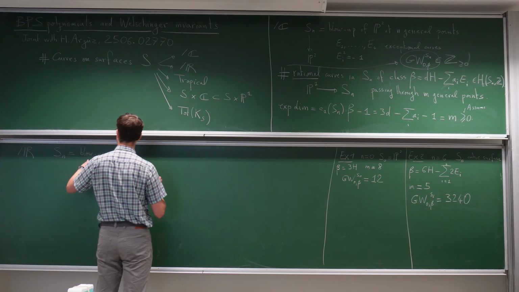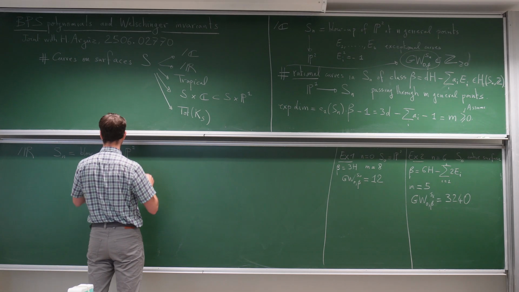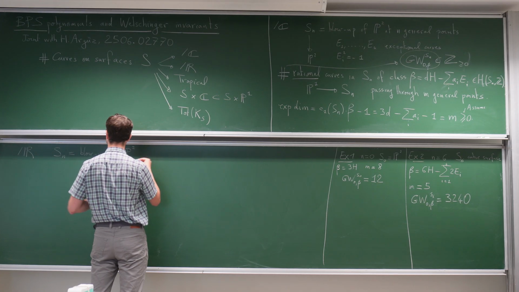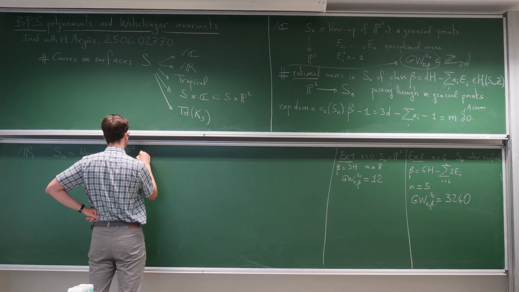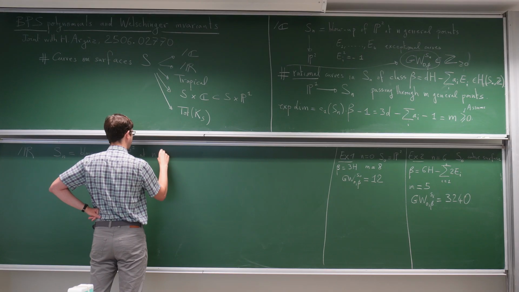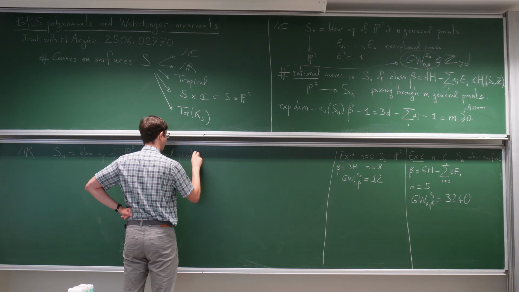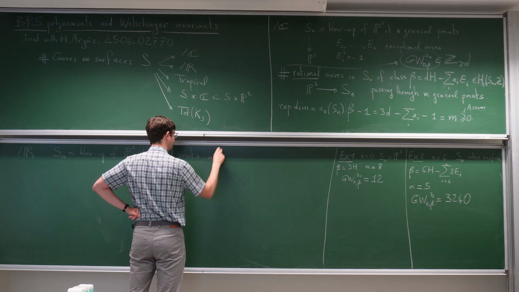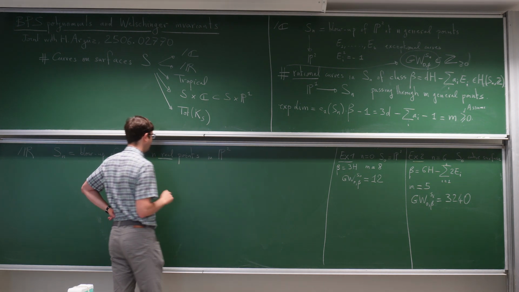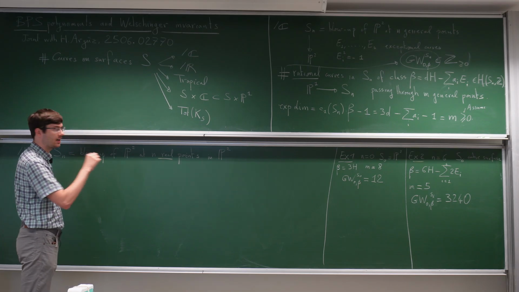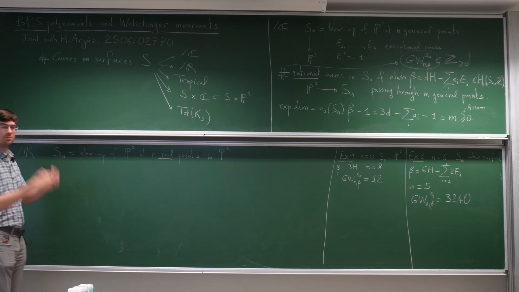And then instead of blowing up n general points in CP2, you can blow up points in CP2 which are all real. So blow up P2 at n real points. You take points in RP2 and you blow them up.